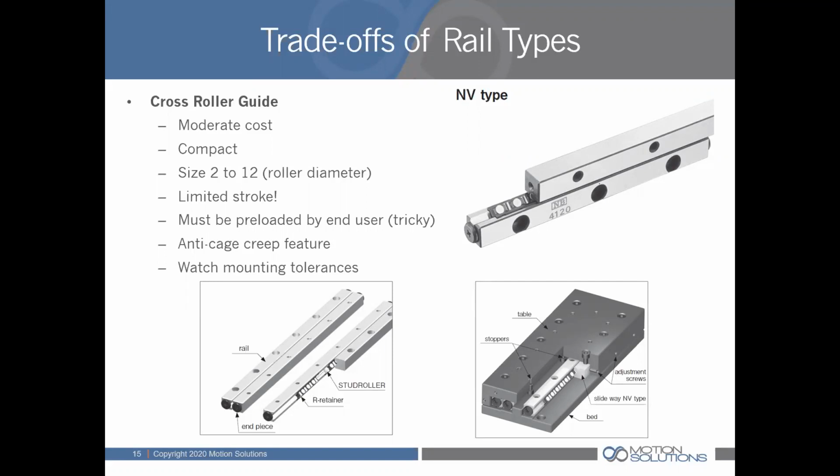The center roller in the cage has little studs mounted into it, and they basically act like a gear into mating holes in the rail. That keeps the cage running accurately and centered with both rails so that it will never hit the end of travel.